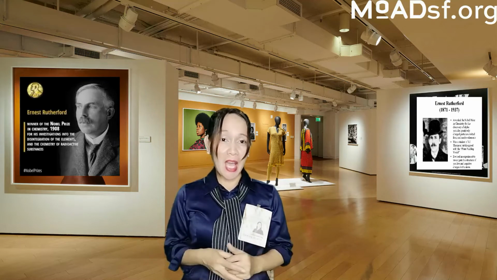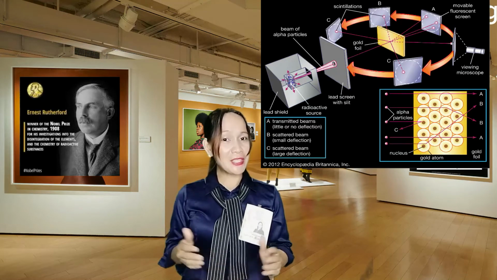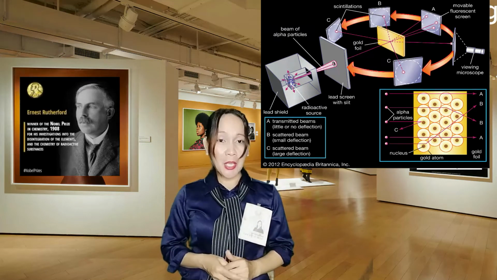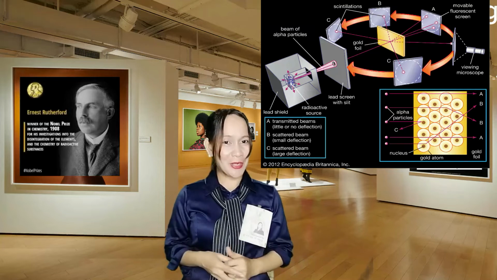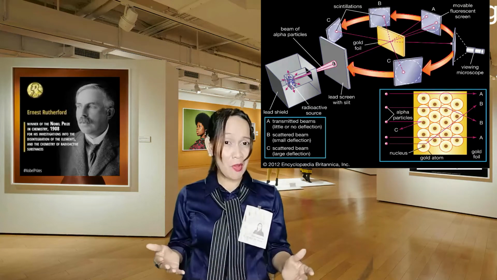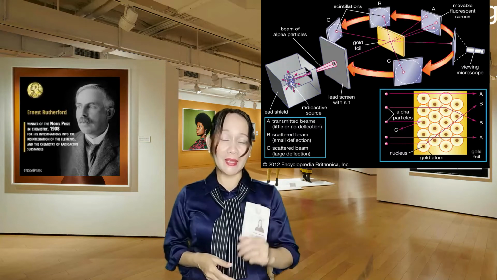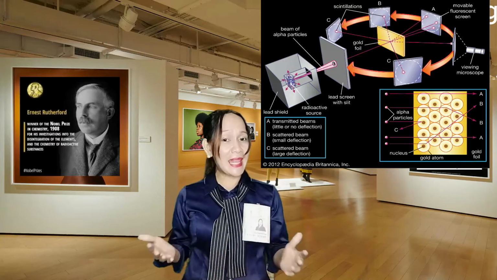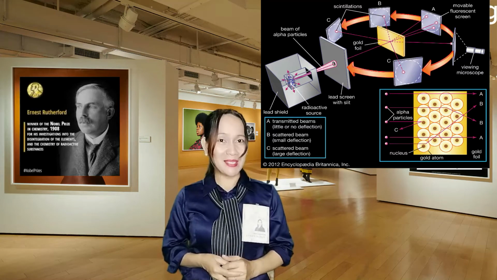Rutherford used an alpha particle emitter and a thin gold foil and bombarded it with alpha particles. He observed laboriously in the dark room that most of the alpha particles passed through the foil. He concluded that the atom is mostly empty space and not embedded together with a positive charge.